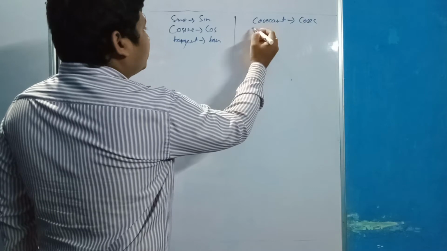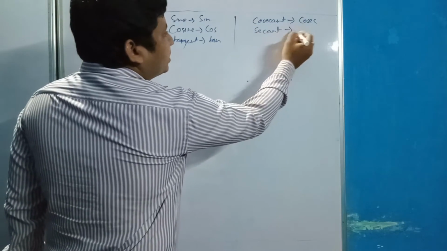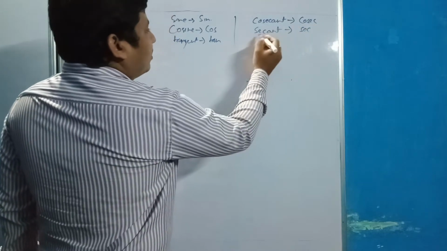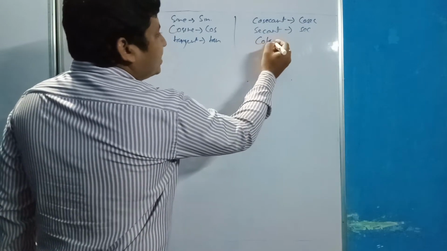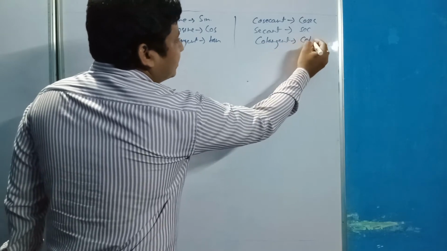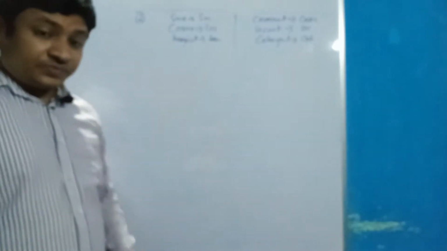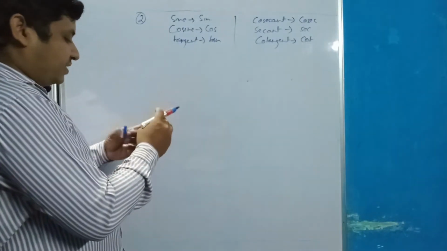Next one is secant, which is taken as sec, and the last one is cotangent, which is written shortly as cot. So these are the names, and this is the way the short terms can be taken.